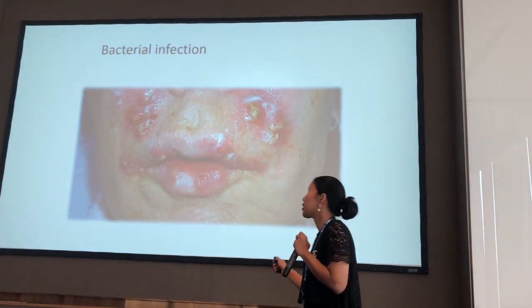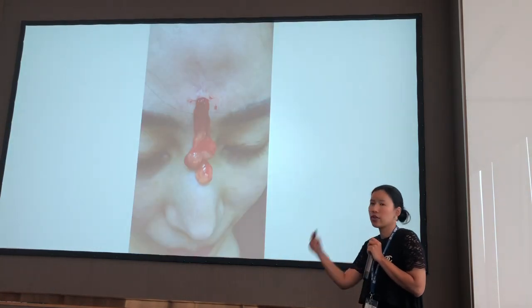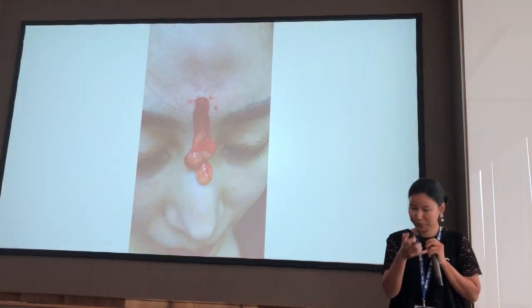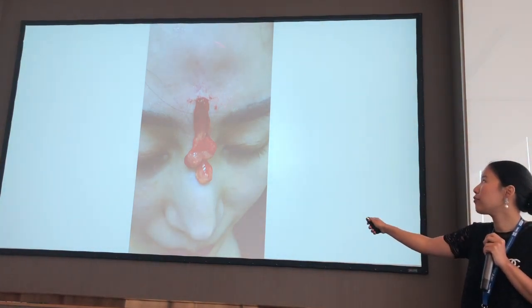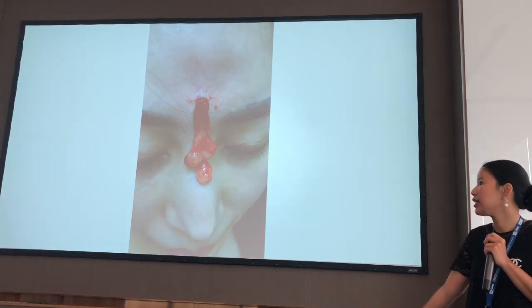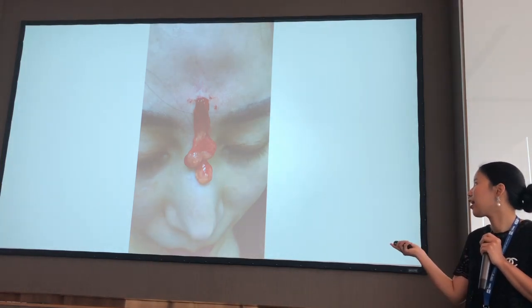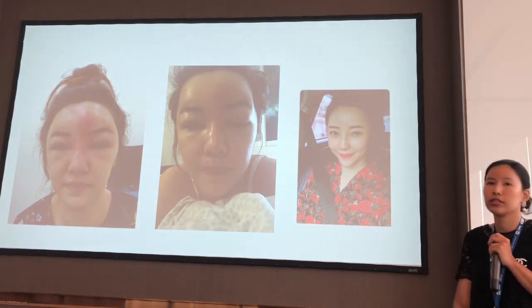And this is a bacterial infection. This is a real case that has been referred to me. You see? It has been from her forehead injection. It becomes like this. And this is also a real case that presented to me.